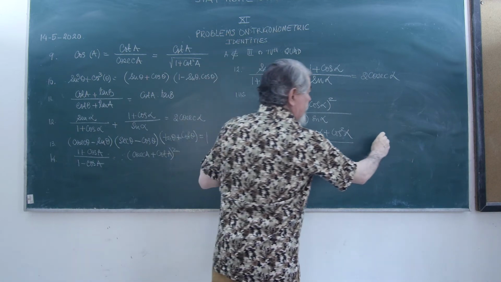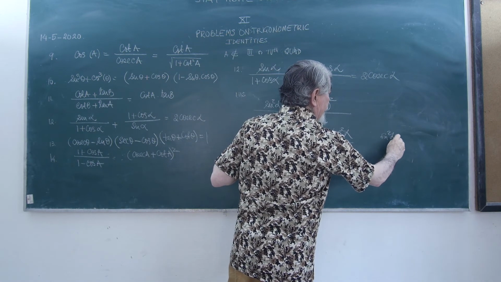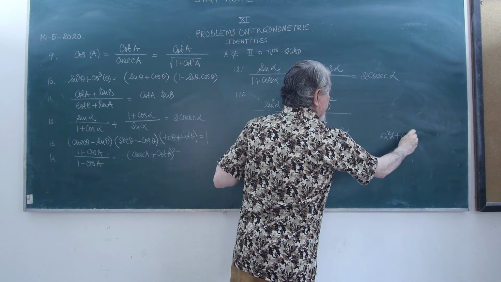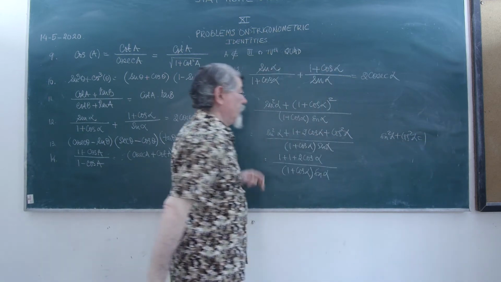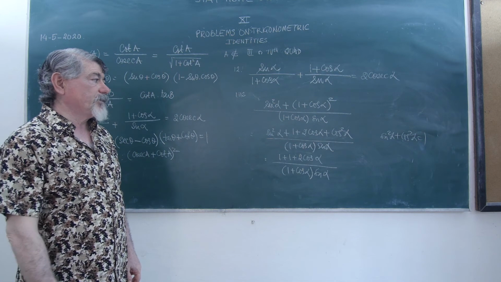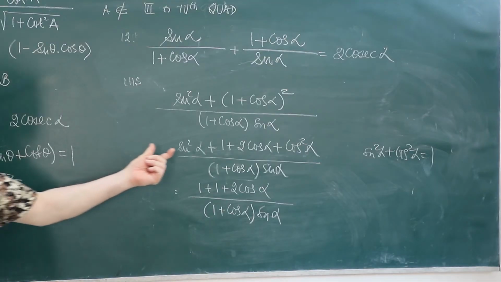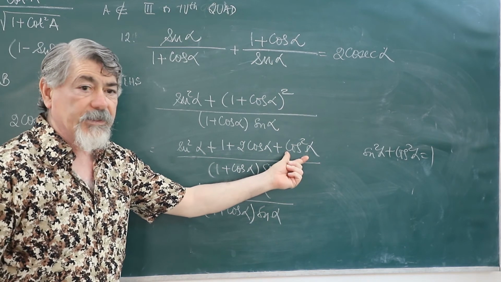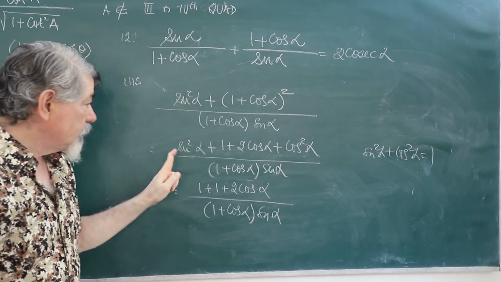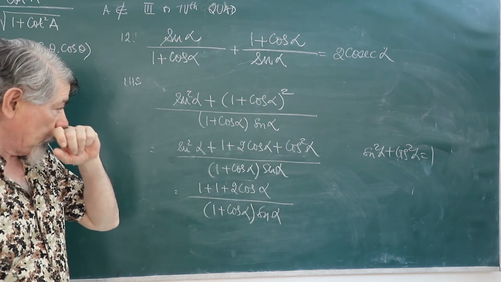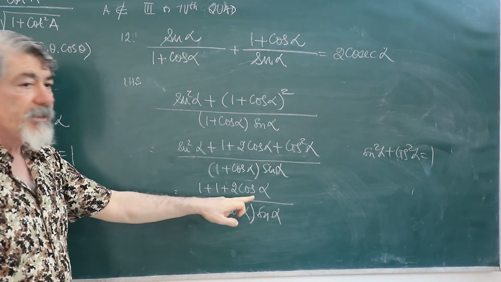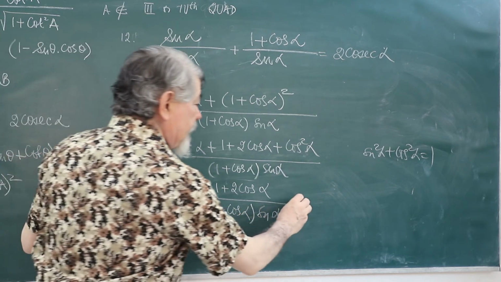What have we done here? We have written sin square alpha plus cos square alpha as 1. So 1 plus 1 plus 2 cos alpha. Now it is 2 plus 2 cos alpha. So let me take 2 common.